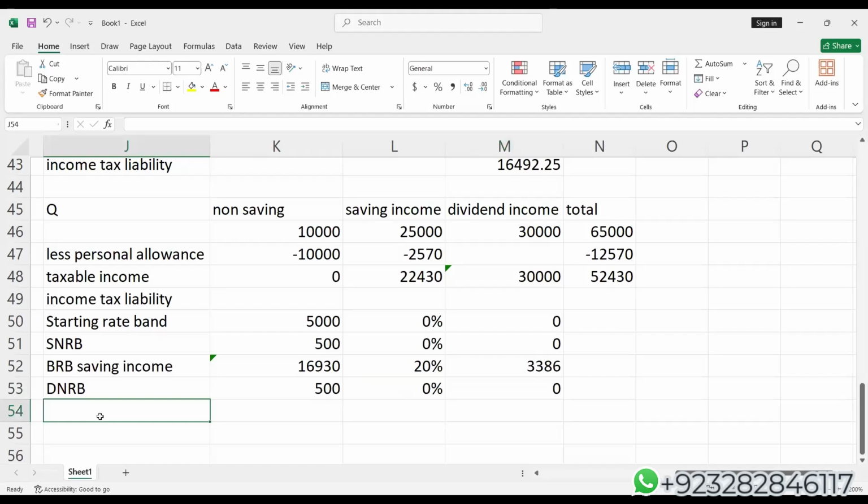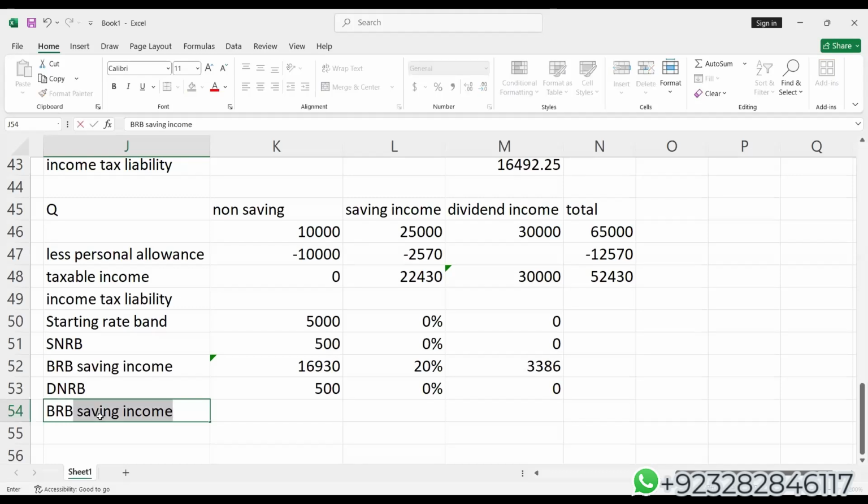Now, students, we have to see how much space is left in the basic rate band. The remaining space which is left in the basic rate band, the applicable income tax rate for the dividend income will be 8.75%, because for dividend income which falls in the basic rate band, the applicable tax rate is 8.75%. So let's see.